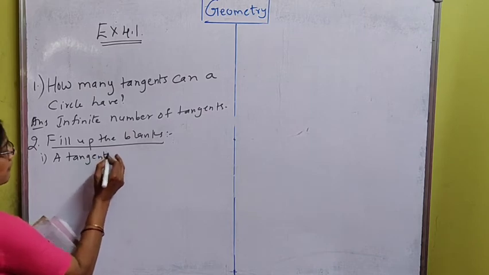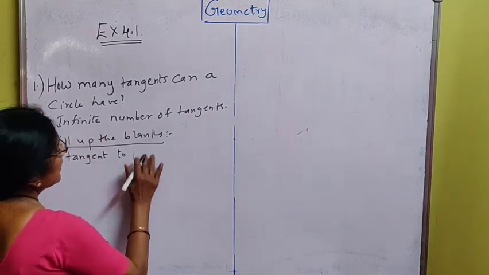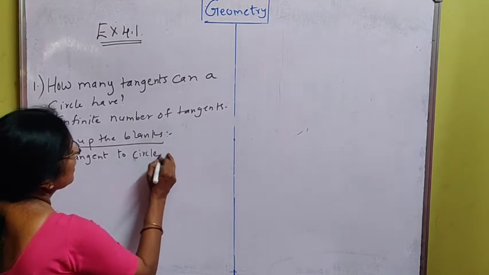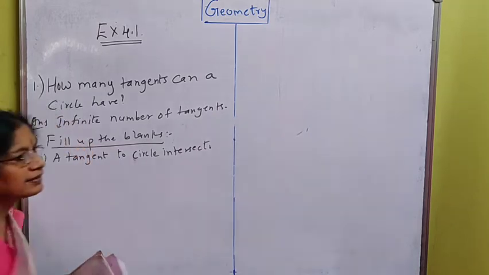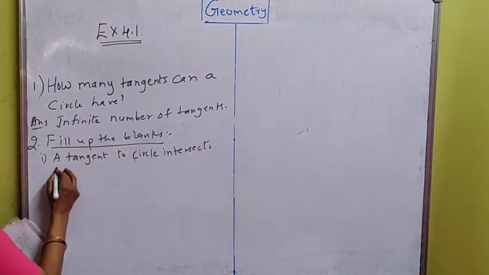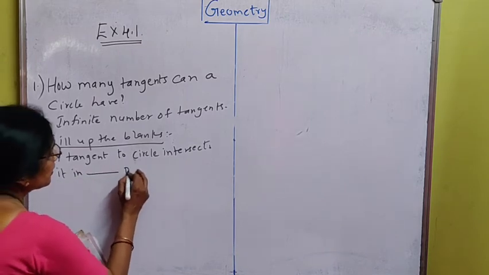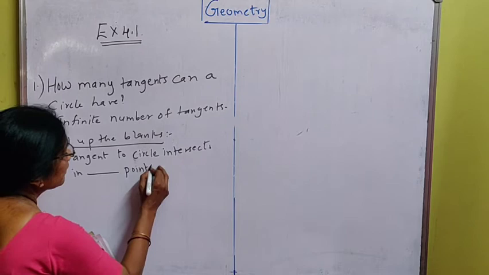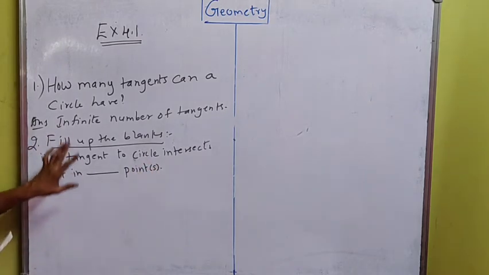A tangent to a circle intersects it in dash point. So we know that a tangent to a circle.